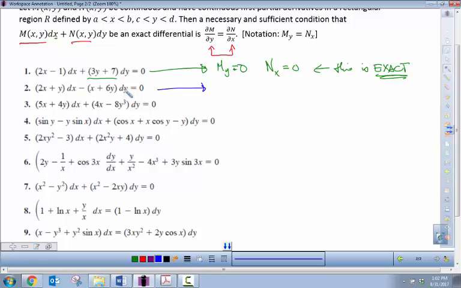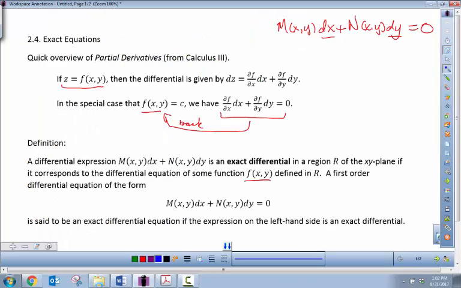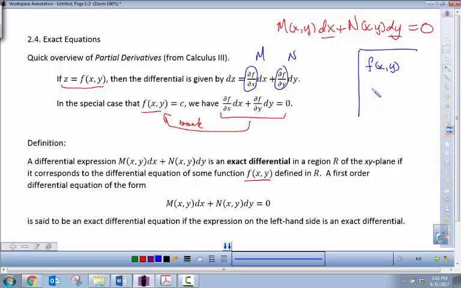Okay, let's do some Calc 3. So this is the idea, is that this is your M and this is your N, right? And the theory in Calc 3 is that if you have a function f of x, y, then the partial of f with respect to x first and then with respect to y, so this is essentially the second derivative, but we call it the second order mixed partial because you're mixing the x and the y.